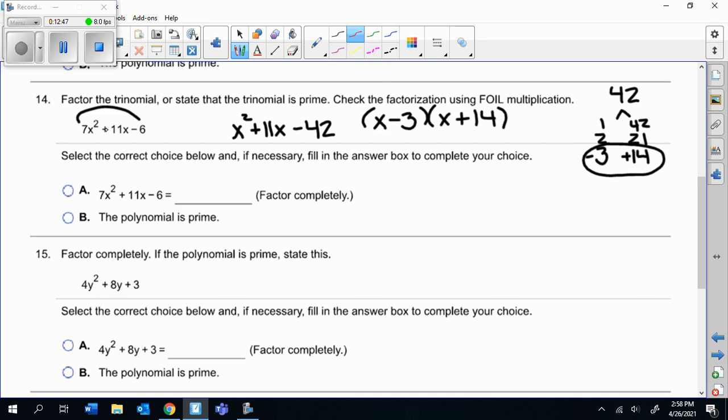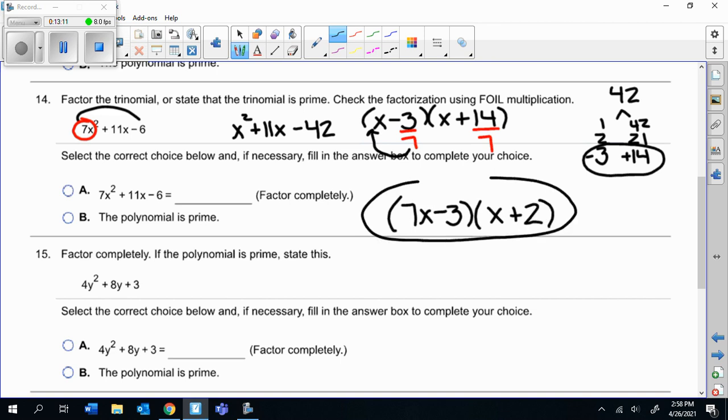Since I multiplied by the 7 in step 1, I need to go back and divide by the 7 here. 3/7 cannot reduce, so you slide that 7 in front of the x. 14/7 does reduce, and in fact it just makes a nice constant, and so that's how you factor it.